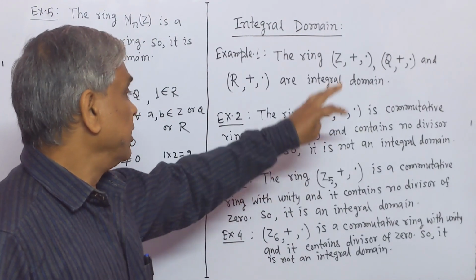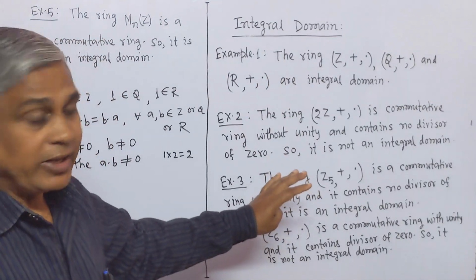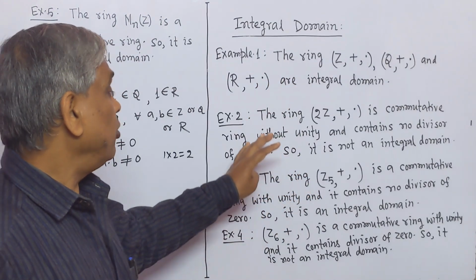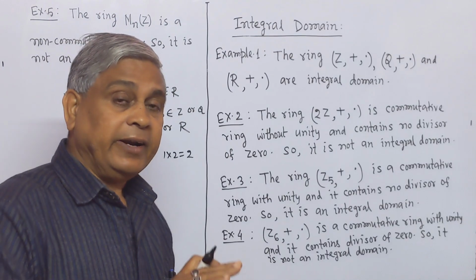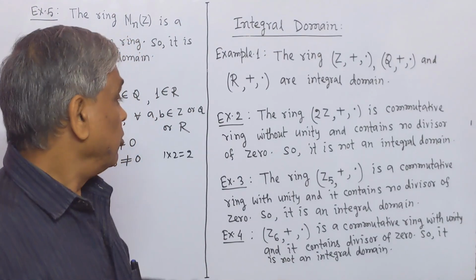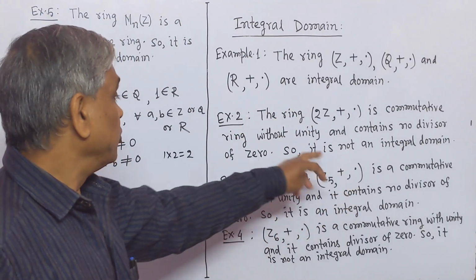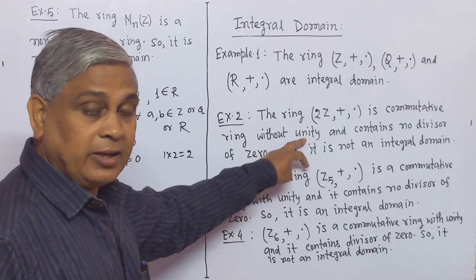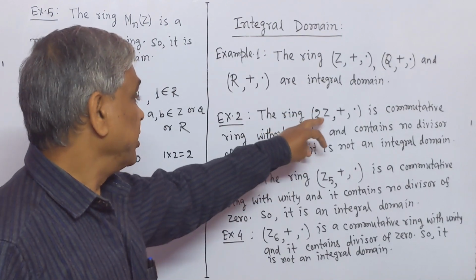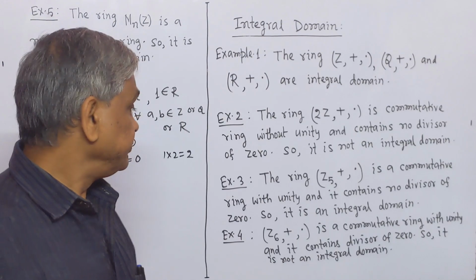So this is a commutative ring without unity, and it also does not contain a divisor of 0. Only for lacking one property, unity, this ring is not an integral domain.